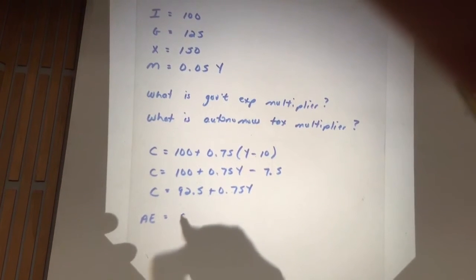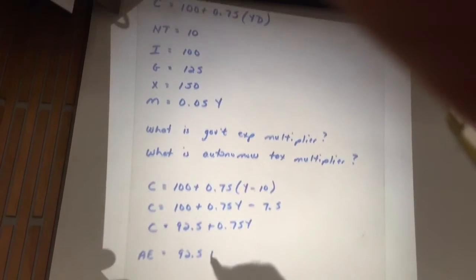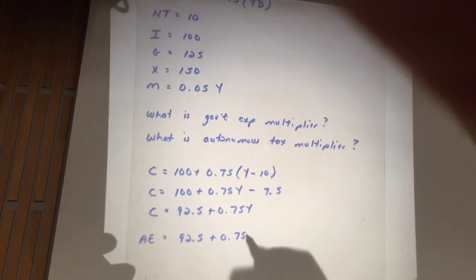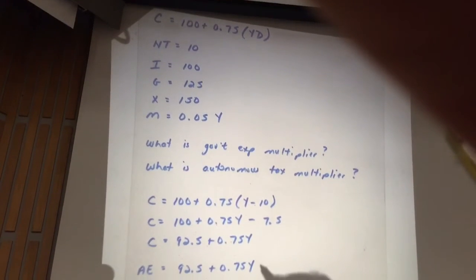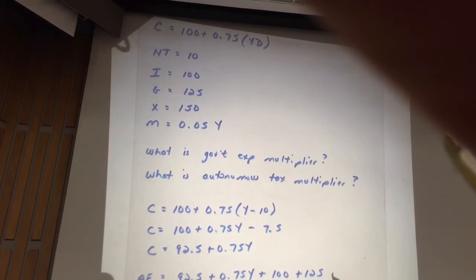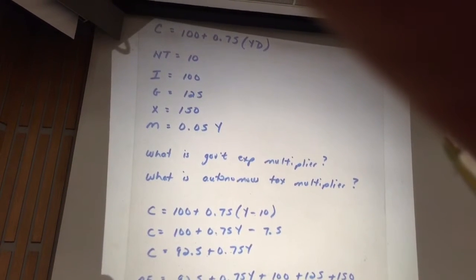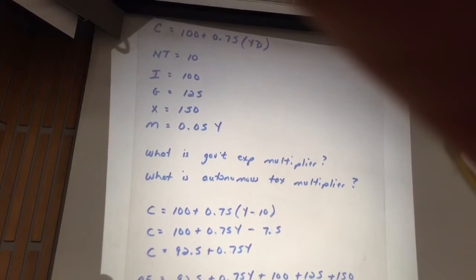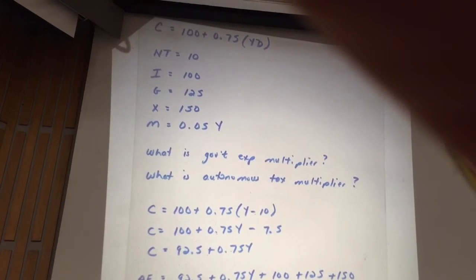Then we need to calculate AE. AE is equal to 92.5 plus 0.75Y, that's C, plus I, plus G, plus X, minus 0.05Y. Okay, I don't have a calculator.